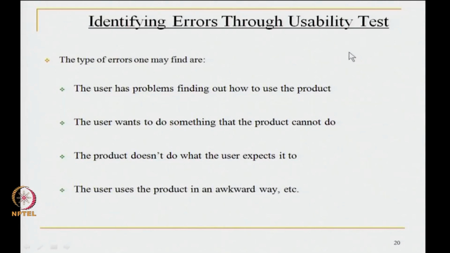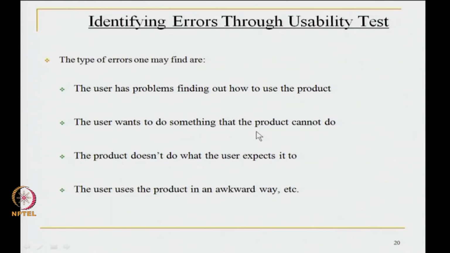Be that as it may, to get back to the simple everyday illustrations and simple everyday choices, I would urge you to recognize that types of errors which user surveys or usability tests can throw up would include the user wanting to do something that the product cannot do. Now, this is the other end of the spectrum.